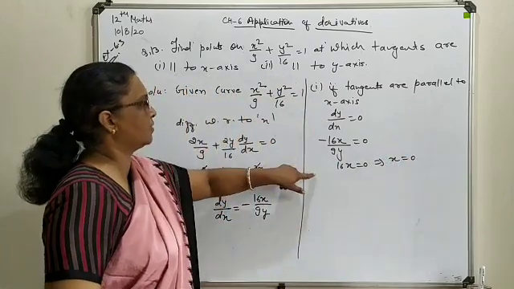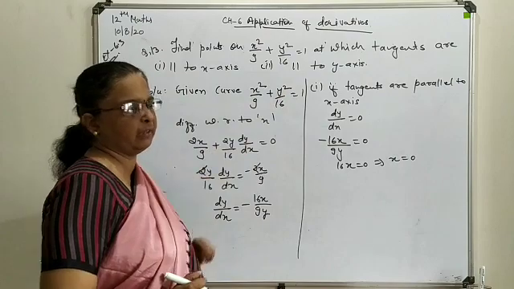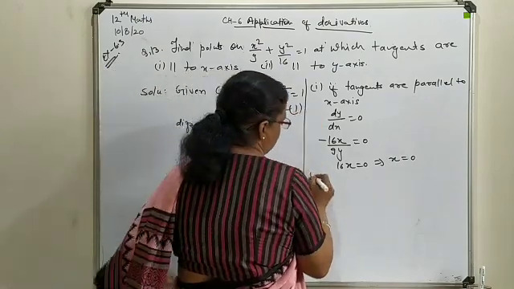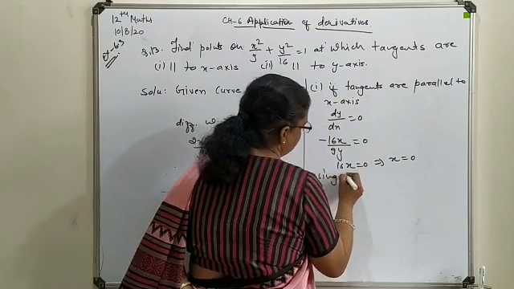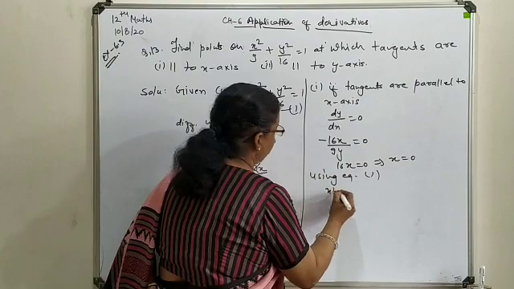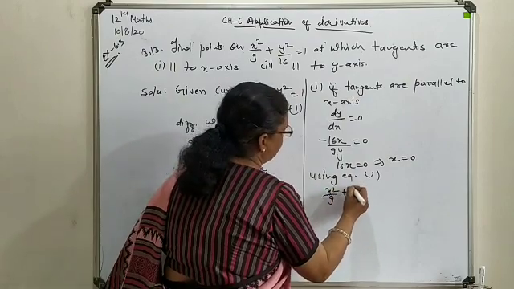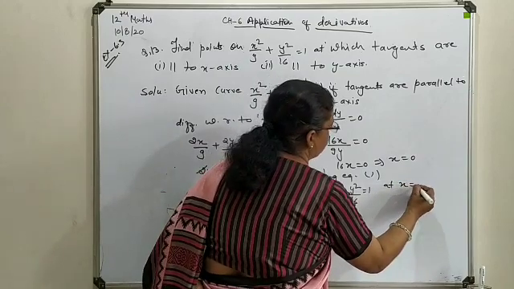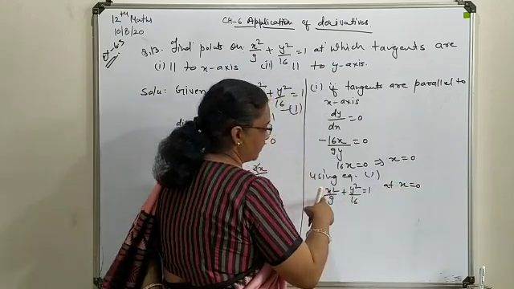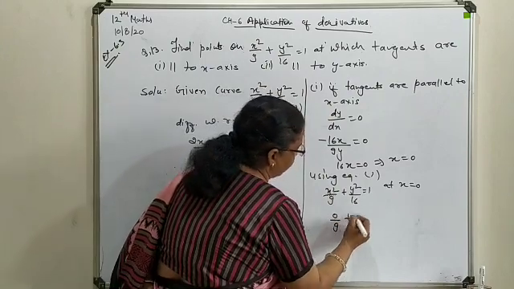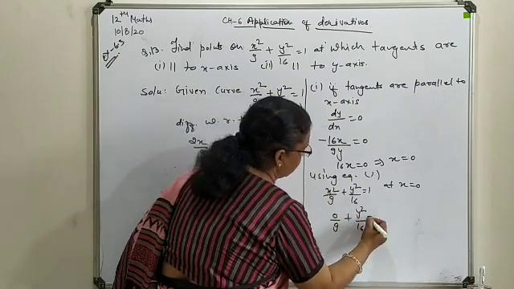Now keeping this x value in the given curve, your y will be evaluated. So using equation 1, it will be x square upon 9 plus y square by 16 is equal to 1. At x is equal to 0, you will substitute 0 here, so finally it will turn to 0 upon 9 plus y square upon 16 is equal to 1.